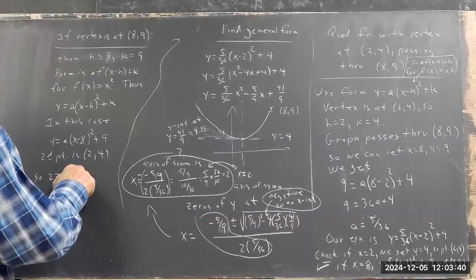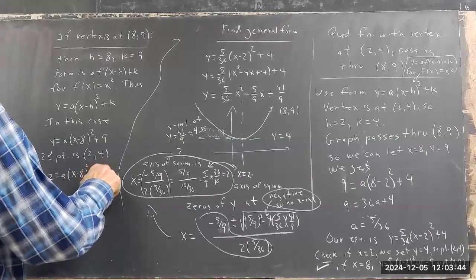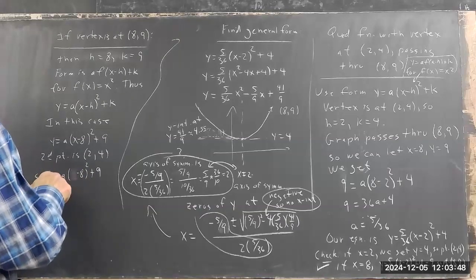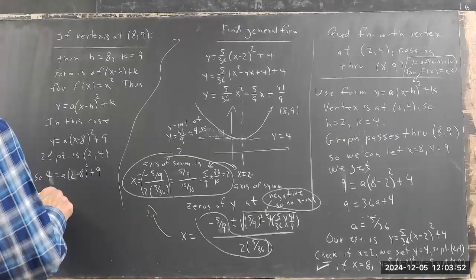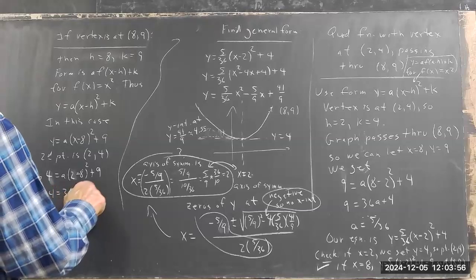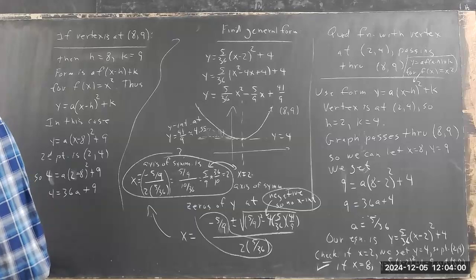So y equals a times x minus 8 squared plus 9. It's not x minus h, and it's not 2. y is 4, x is 2. So we get 4 equals 36a plus 9.